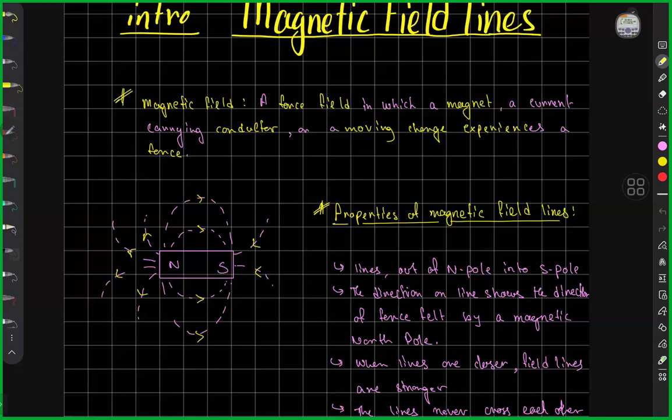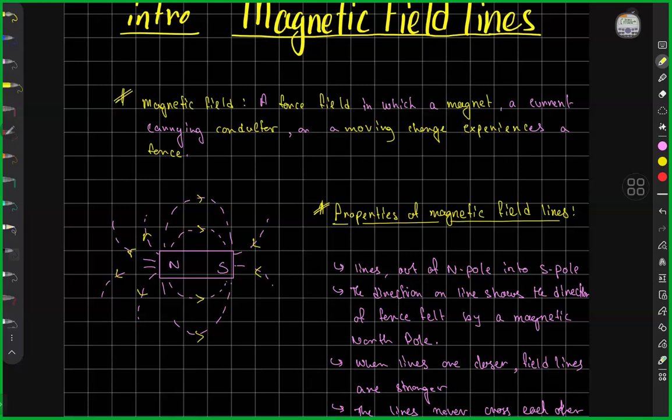Near this, if I bring a magnet, will it feel a force? Yes. If I bring in a wire carrying current, so let's say a live wire, will it feel a force in any direction? Yes, 100%.